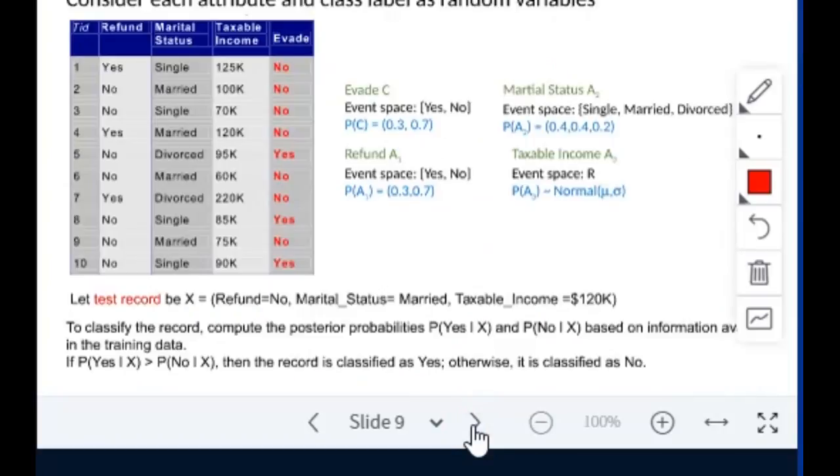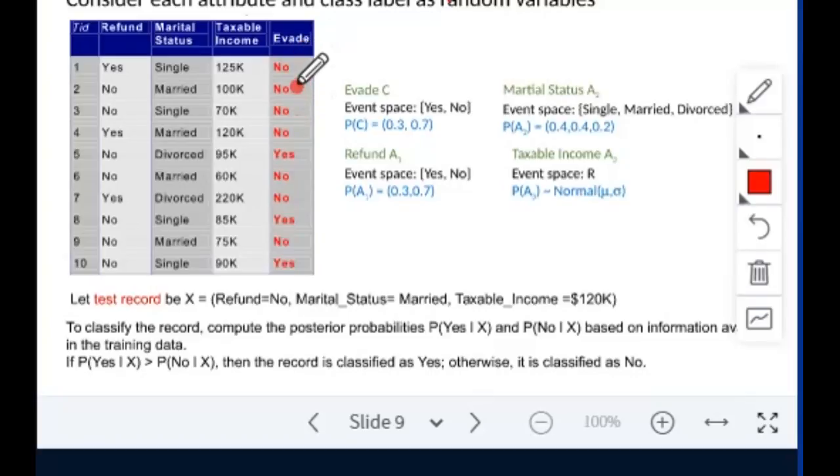Next, let us consider an example. I think you are aware of this example. Here we have the attributes: transaction ID, which is like a serial number, then refund, marital status, taxable income, and the class label, evade, which we can say means defaulted.